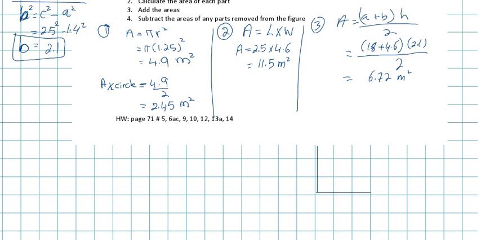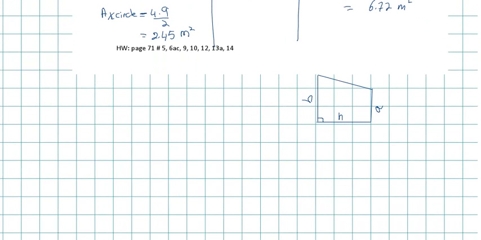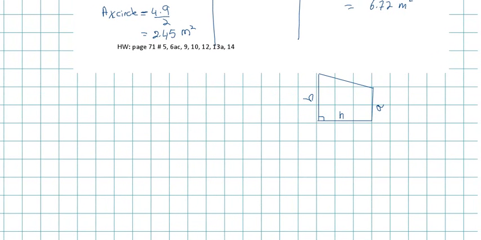Okay? So this is basically what we have. This is A. This is B. And because this is a right angle triangle, remember that the height goes down to the base at a 90 degree. So I already have that here. So that means this is my height. The other side is the height of the trapezoid.